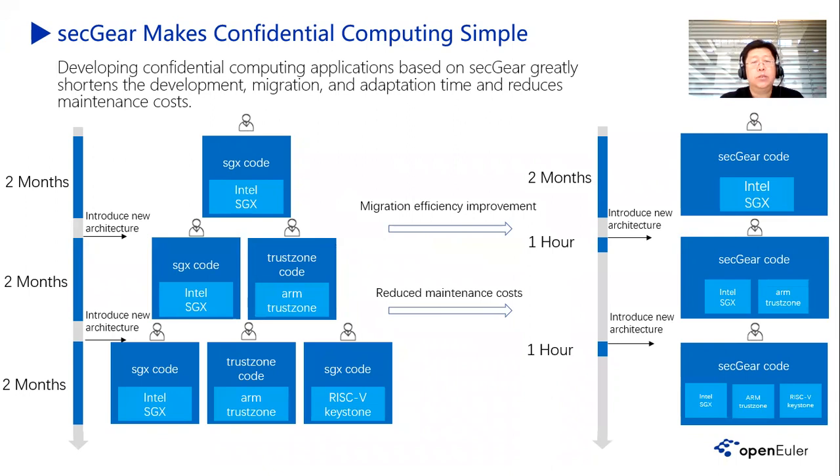And when the user needs to support more than one hardware solution, using SecGear is quite effort saving. For example, it can use one unified source code for different architectures, and the maintenance and development effort are also reduced.